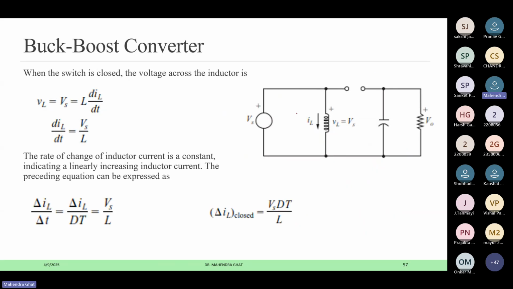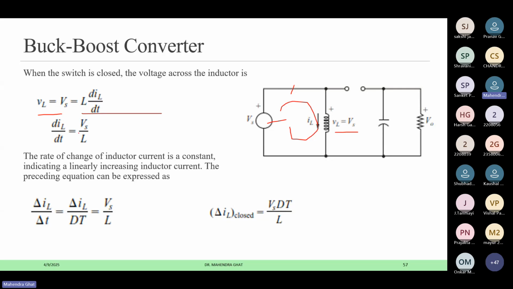Okay, from that we will derive the equations. When the switch is closed, this diode is reverse biased and current is flowing in this direction. Now the input voltage is applied across the inductor. So VL is equal to VS, and VL is nothing but L dIL by dt.